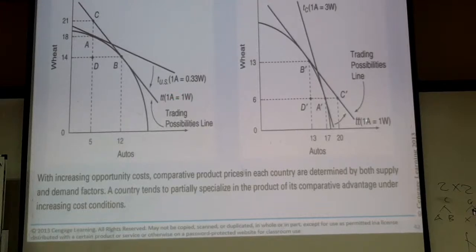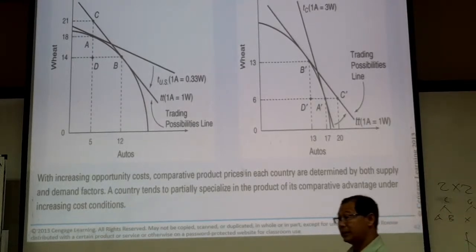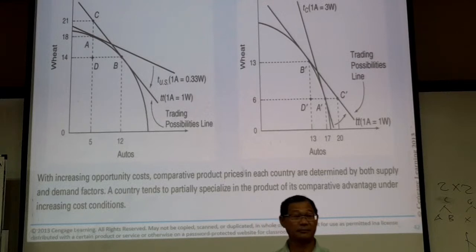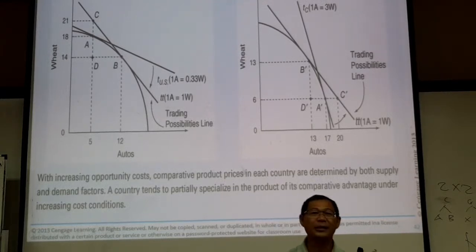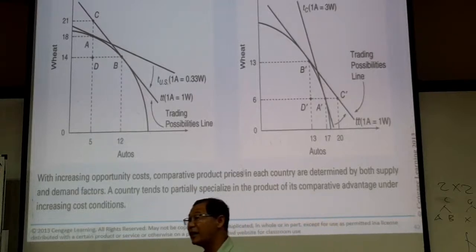In Canada, 1 auto equals 1 wheat. In the United States also, 1 auto equals 1 wheat. So, by definition, all over the world, the same price. In Burkina Faso, in Tokyo, in France, in Germany, anywhere in the world, same price. That's the beauty of international trade, free trade.